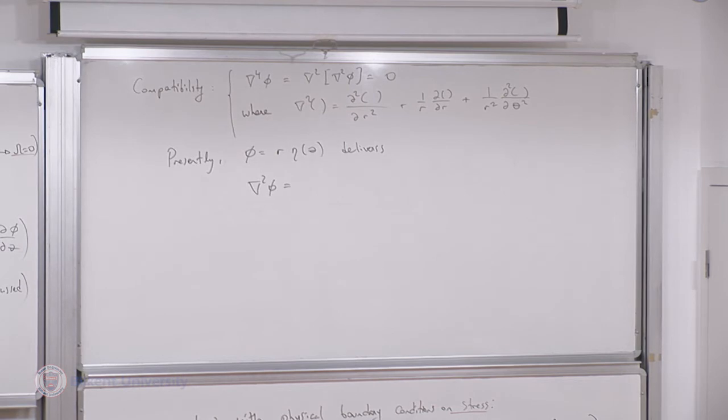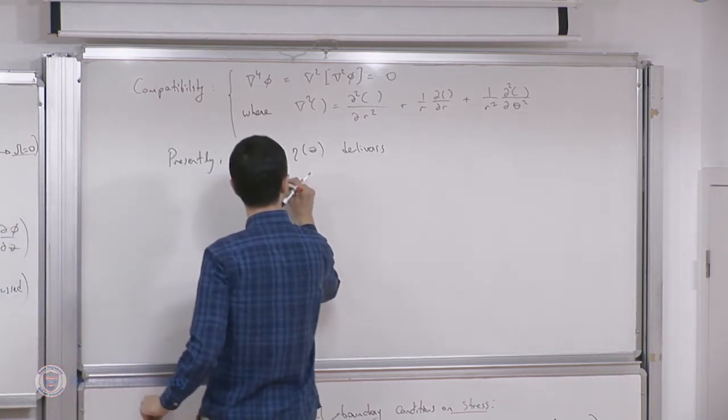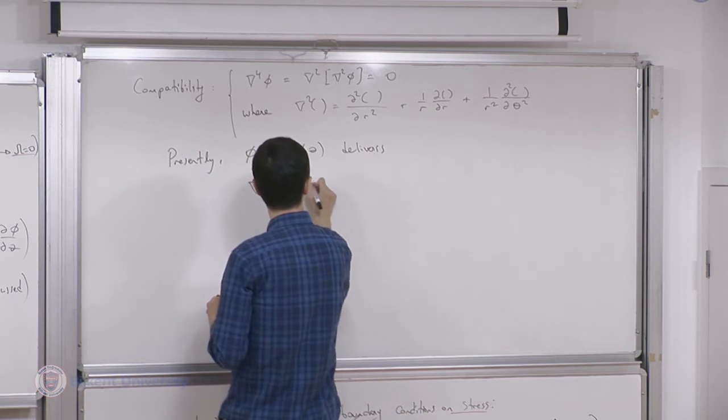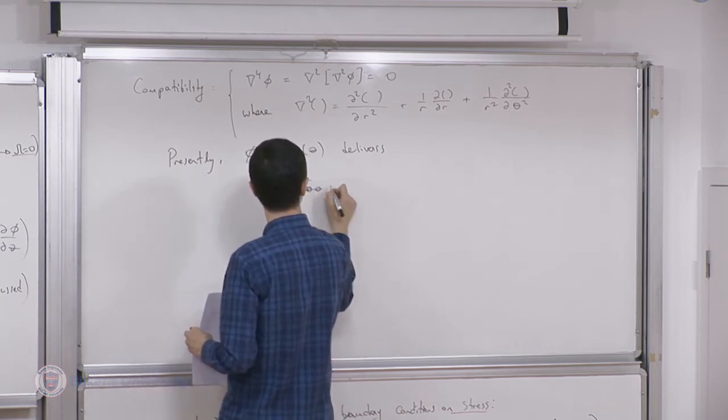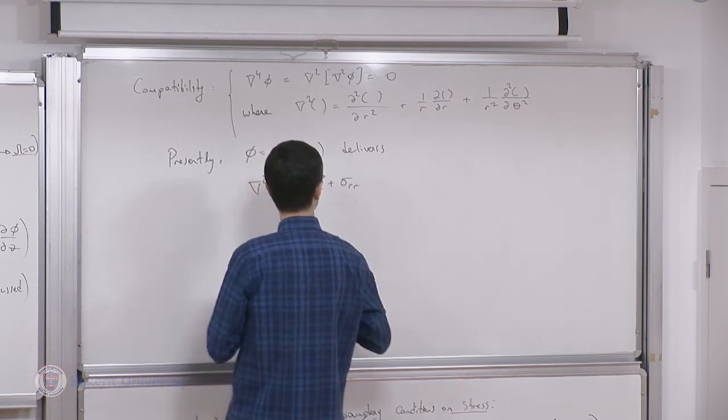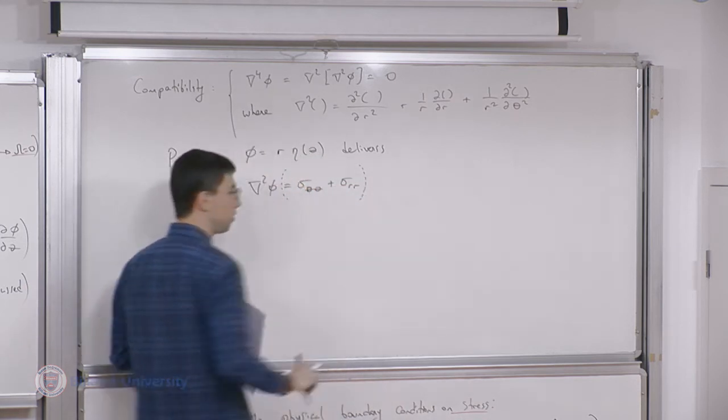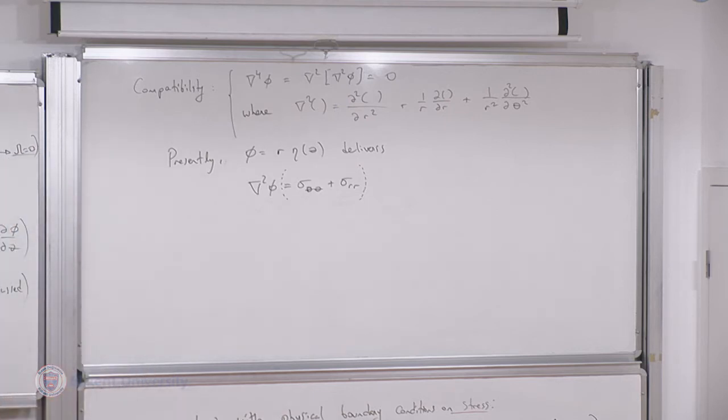Twice r squared derivative, r derivative, 1 over r del del r, 1 over r squared del. If you look at those terms, the first derivative, it's here, and the second and the third ones, they are here. So you may want to notice that this term is, and I'll write it in parentheses presently, sigma theta theta plus sigma RR. Okay. Just as a future reference, I will remind you once again.